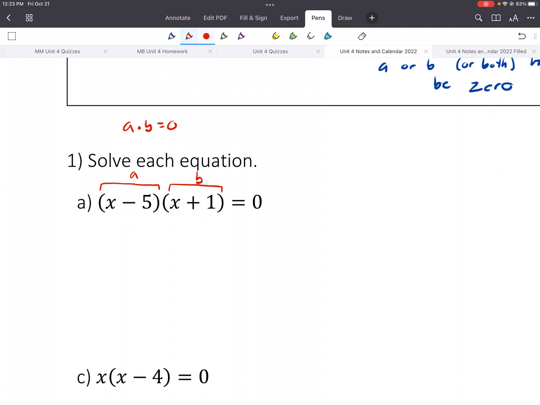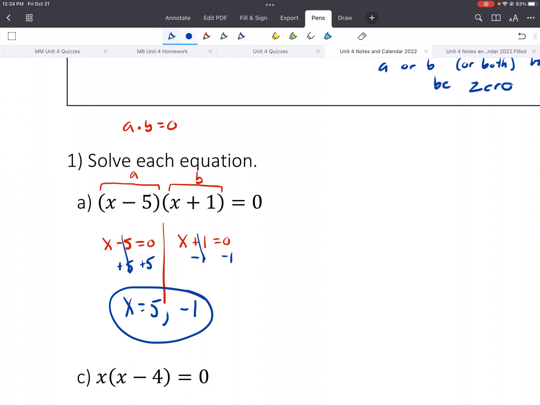We know that either x minus 5 is equal to 0 or x plus 1 equals 0. If one of those is equal to 0, then the whole thing is equal to 0. So we could add 5 to both sides and we'd get x equals 5, or we could subtract 1 from both sides and we'd get x equals negative 1.